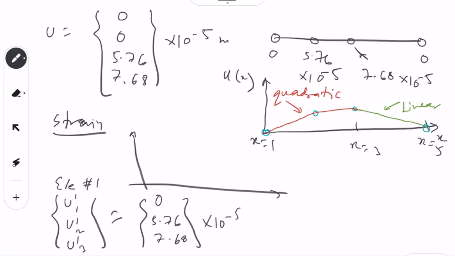And du over dx is the strain, and you know this is equal to the summation of dNi over dxi times u1i, with i equal to 1 to 3 in this case, and N values we have to use.